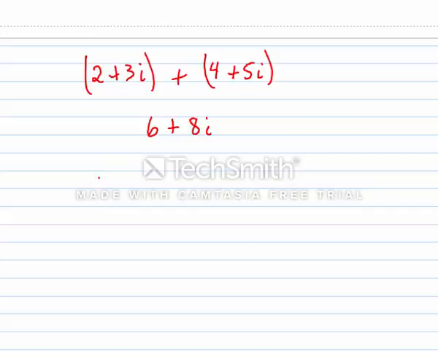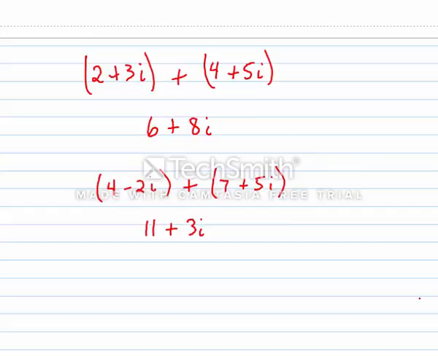Second example, say we have 4 minus 2i, and we add 7 plus 5i. Now, 4 plus 7 is 11, and then we have minus 2i and 5i, so that's 3i. That's how we add complex numbers.